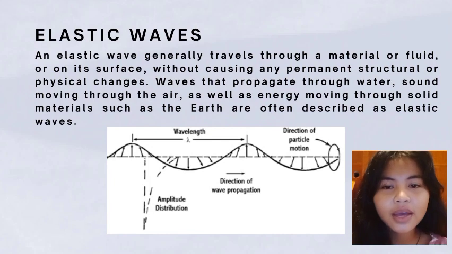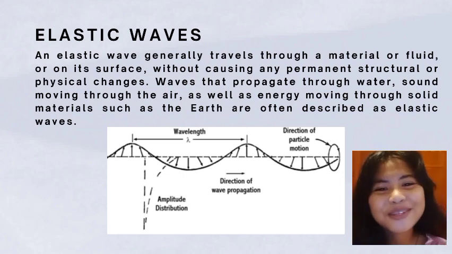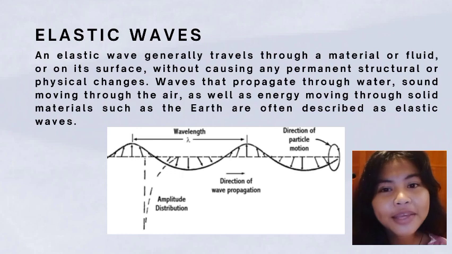Okay, so as we were able to define what a wave is, what is a wave again? A wave is a disturbance that happens in a medium, and it carries energy without the net movement of the particles. An elastic wave generally travels through a material or fluid or on its surface without causing any permanent structural or physical changes.